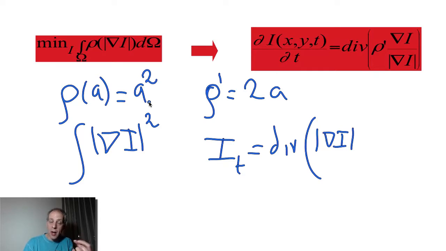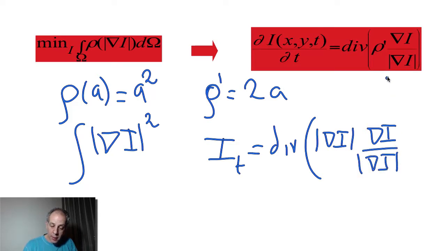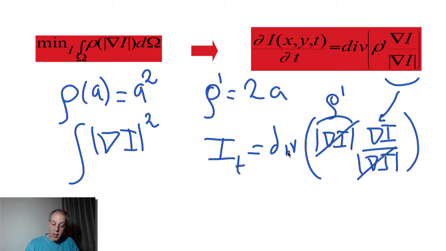A is taking the position of the magnitude of the gradient, sorry. And this part stays, and this part is rho prime. Now, these two cancel, and I get the divergence of the gradient, and this is the Laplacian.